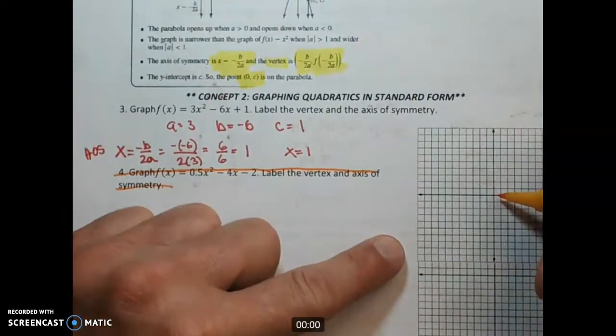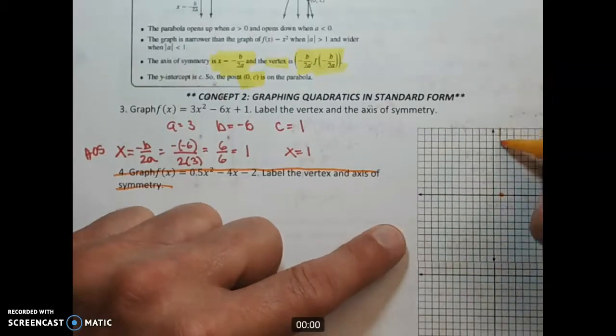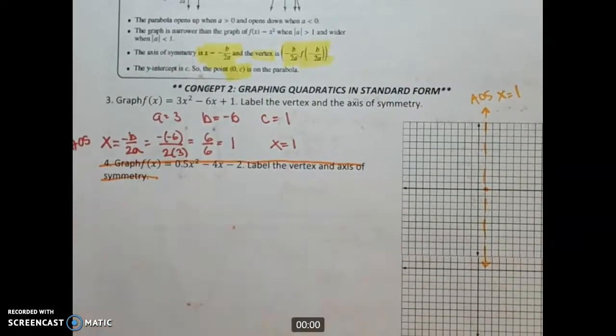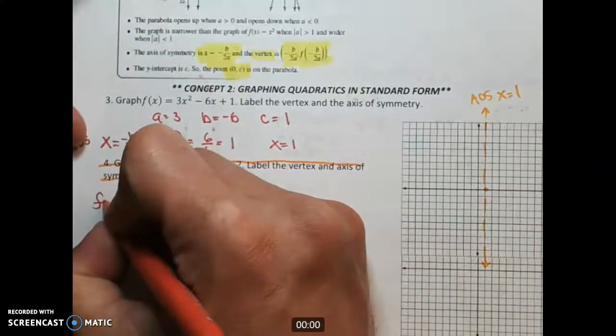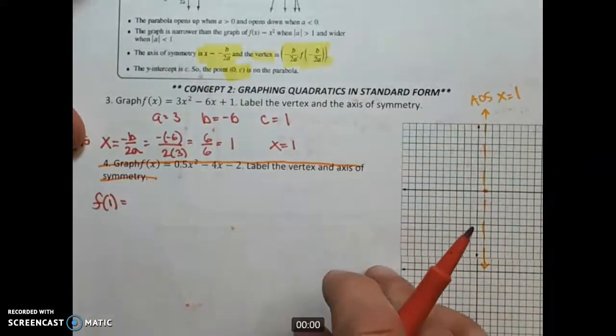So x equals 1. I'm going to put that on the graph right here. I know it's a little messed up, but here is x equals 1. Now, since I get x equals 1, I put f of 1 in to get my y, the second part of the vertex.